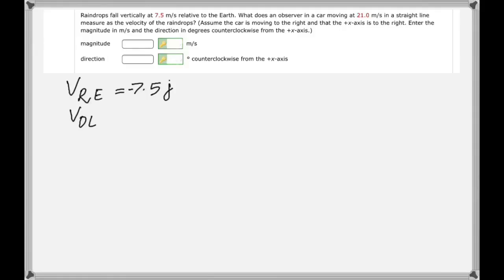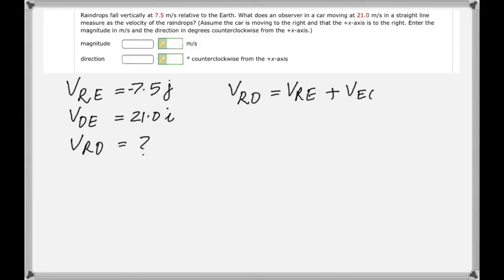It's negative because it's coming down along the y-axis. And then you have the velocity of the observer with respect to the earth is 21.0 i because he's driving along the positive x-axis. And then the velocity of the raindrop with respect to the observer is what you have to find. So in this case, the relation should be written this way.